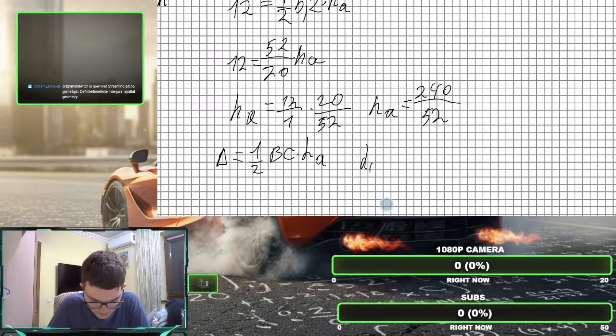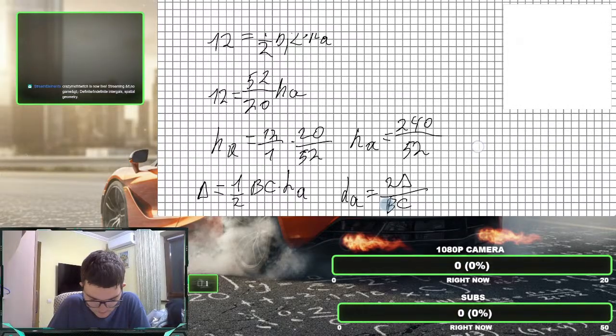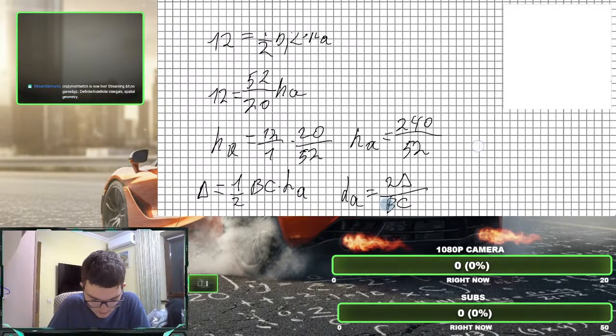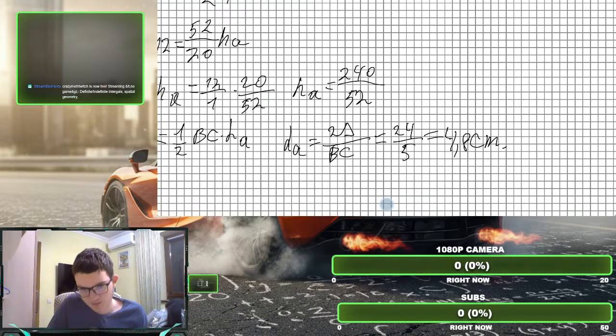So HA is equal with 2 triangle divided by BC. So it is 4.8, essentially 24 divided by 5. So it is 4.8 centimeters here.